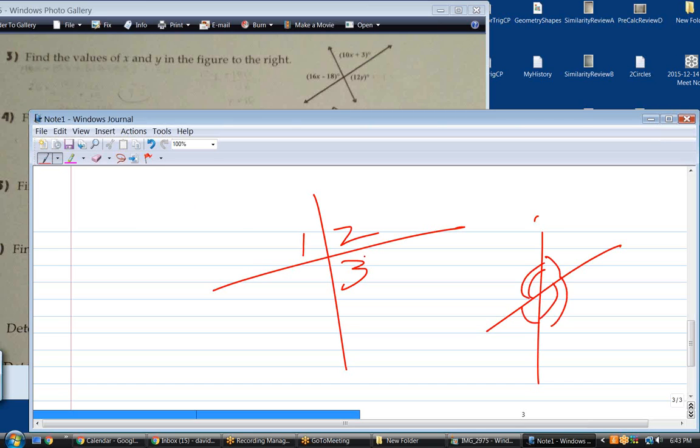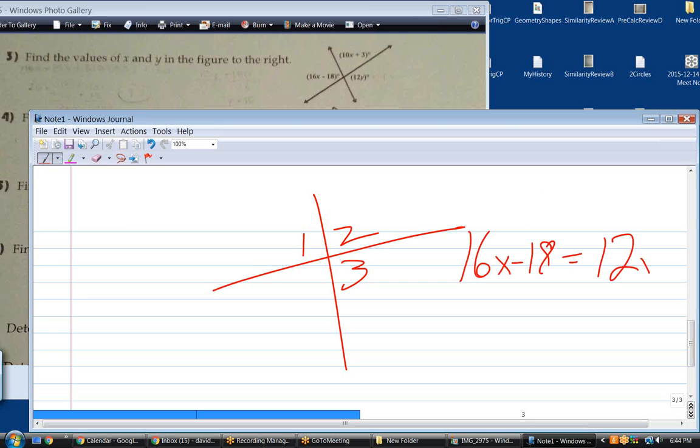So if I set this equal to that, does that allow me to solve for anything? 1 is equal to 3, but that doesn't help immediately, because I have one equation but two variables. So that's not the first thing I can do.